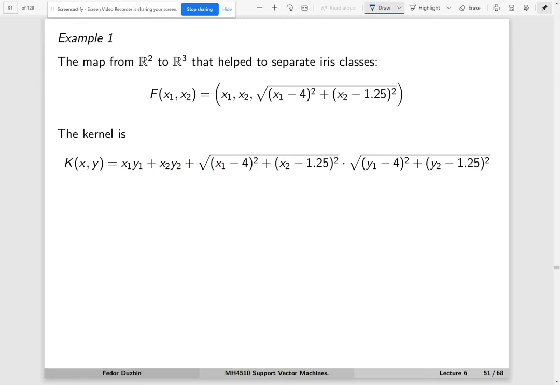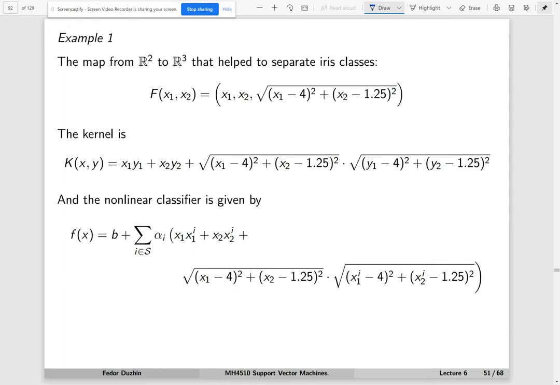Usually instead of y, we should really use x1 and x2, but I hope it is clear. And the nonlinear classifier is given by this form. It is nonlinear in x1 and x2 because of this nonlinearity.